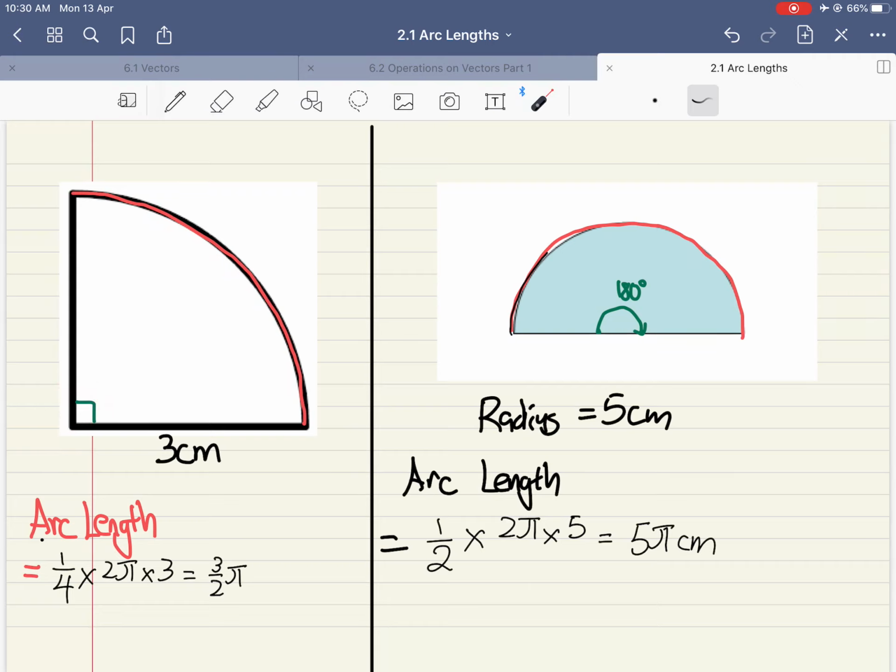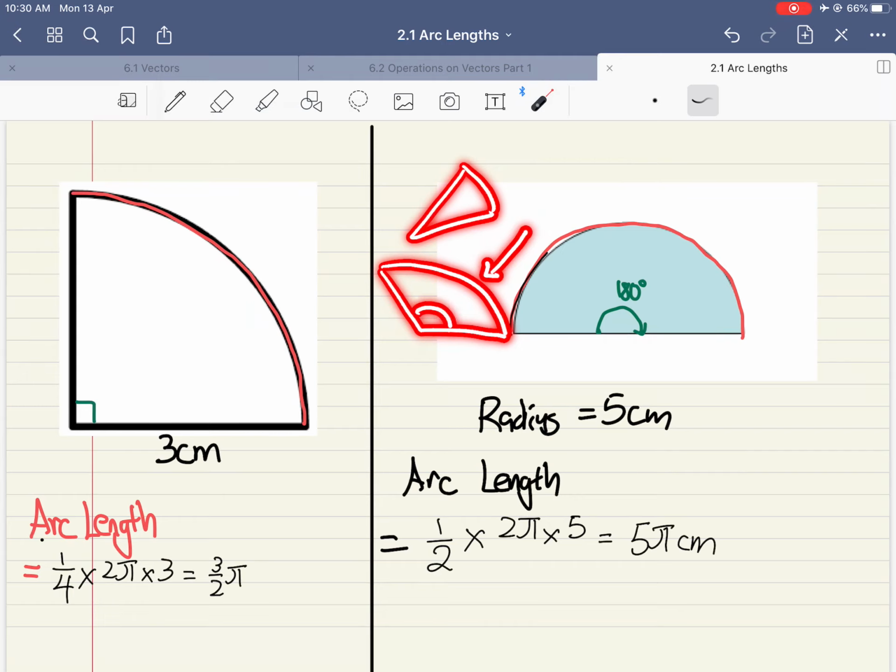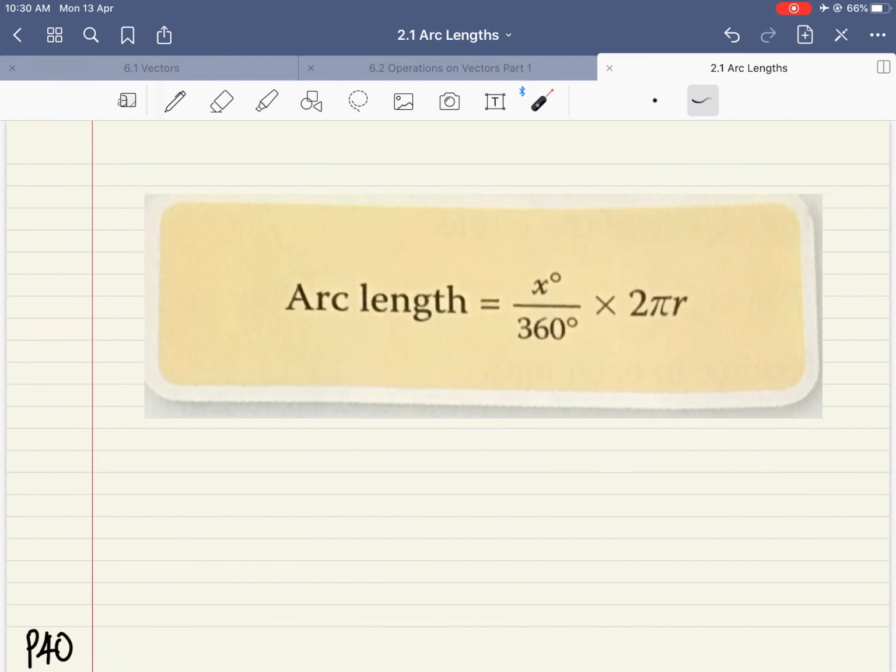So what I'm saying here is this: the angle is related to the arc length. Just imagine, for a small angle, you have a smaller arc. For a larger angle, you will have a bigger arc. So in essence, the arc length is proportional to the angle.